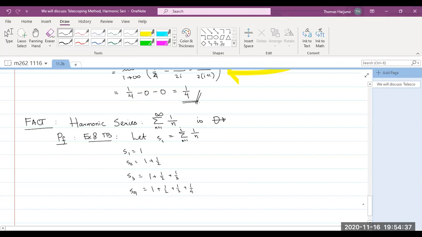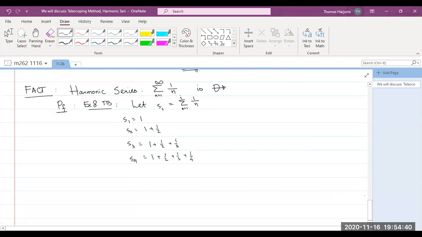Okay, now here's the thing. We will see some pattern that S1 is equal to 1. Now notice that S4 is greater than 1 plus 1/2 plus 1/4 plus 1/4. Is it okay?